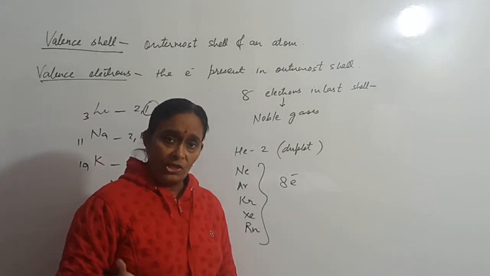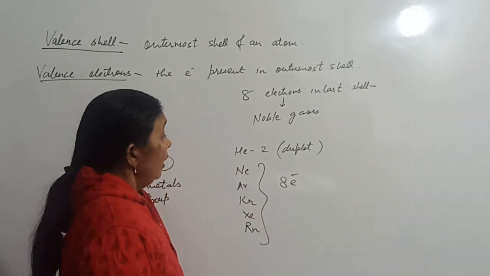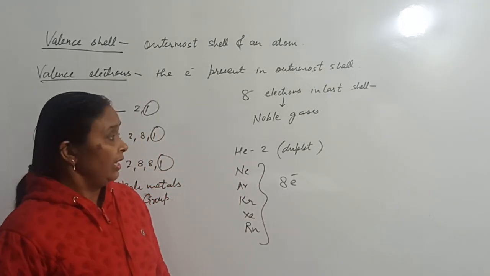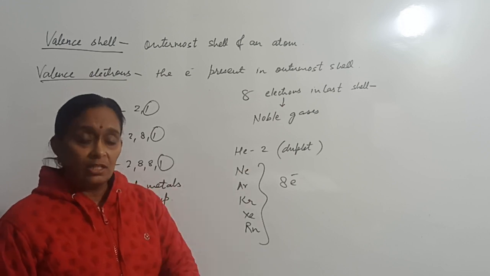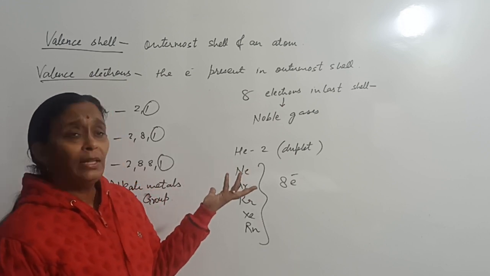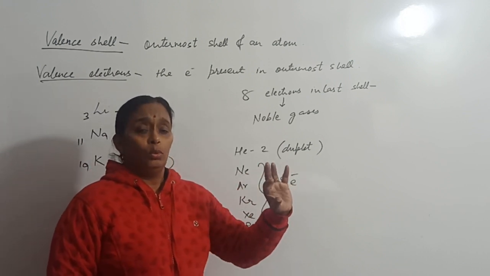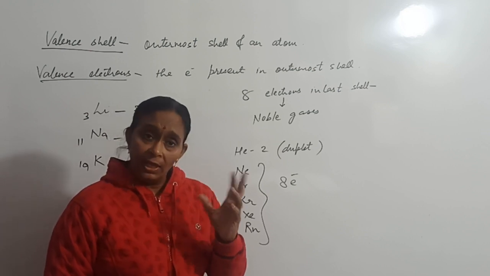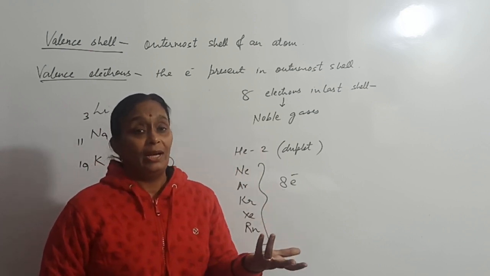So their outermost shell is fully complete, and thus these atoms do not show any kind of reaction. They are fully stable, their electronic configuration is satisfied. That's why they do not show any reaction, because they do not need to lose, gain or share electrons.